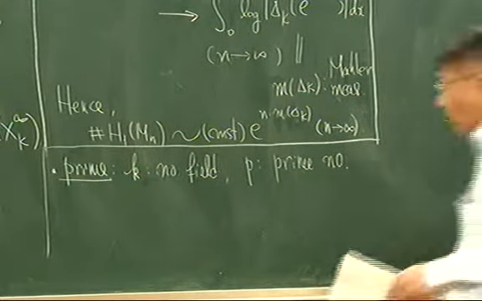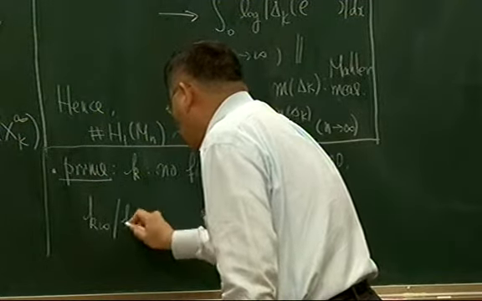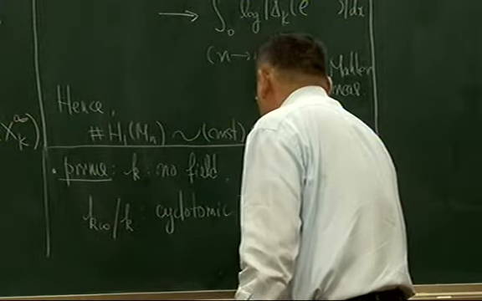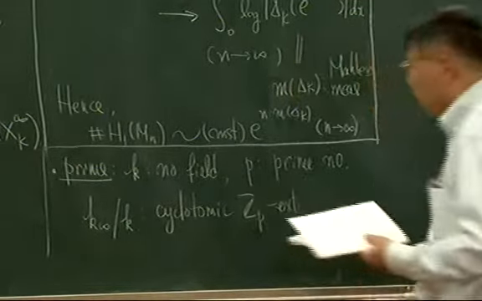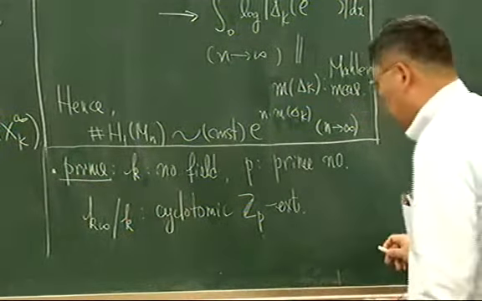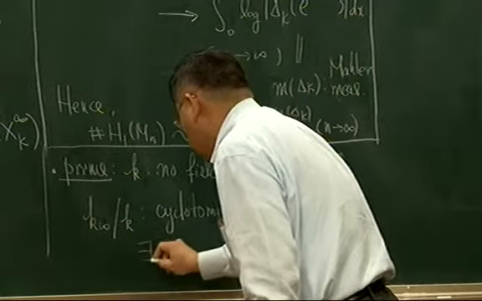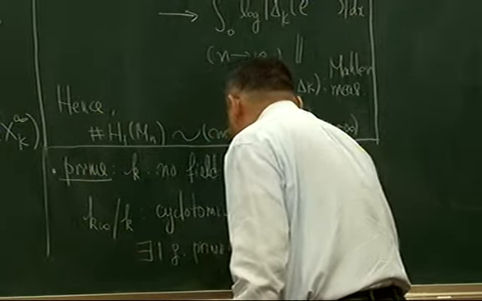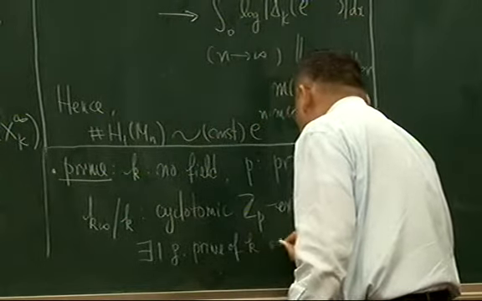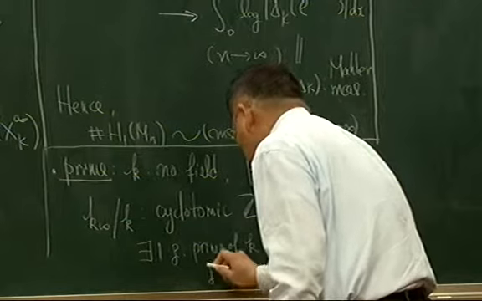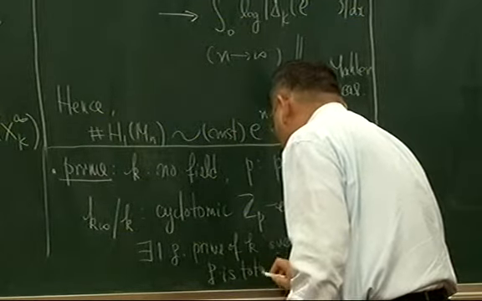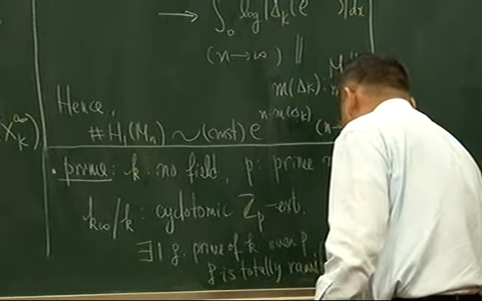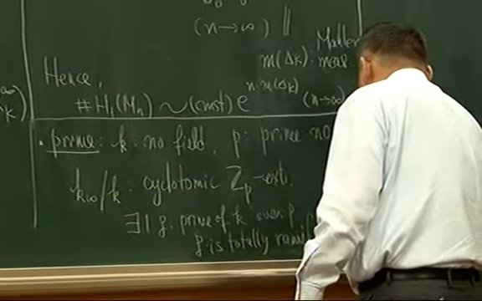K infinity over K is the cyclotomic Z_p extension, and I assume that there exists a unique prime of K over p, and this prime is totally ramified in the cyclotomic Z_p extension.